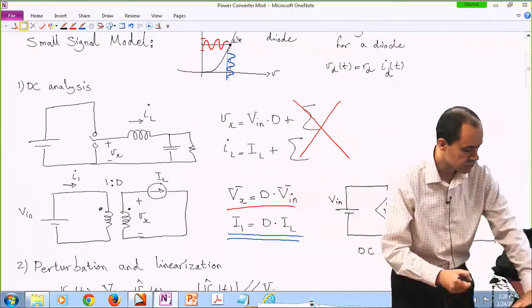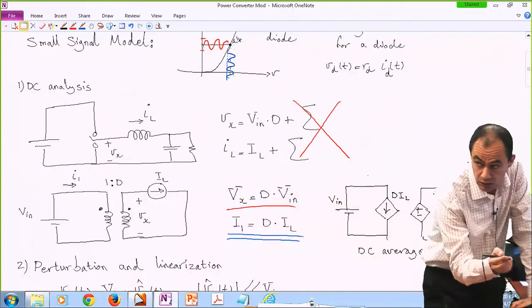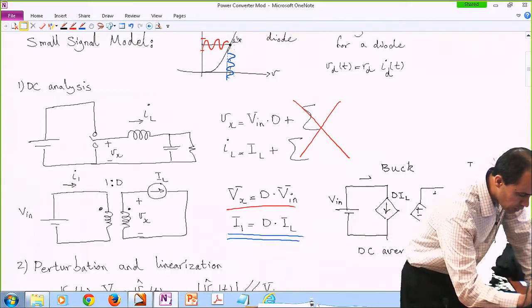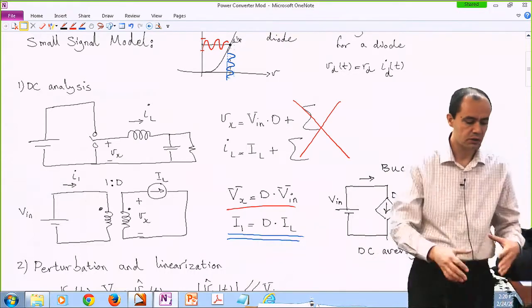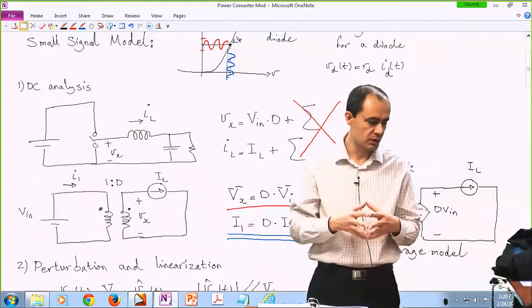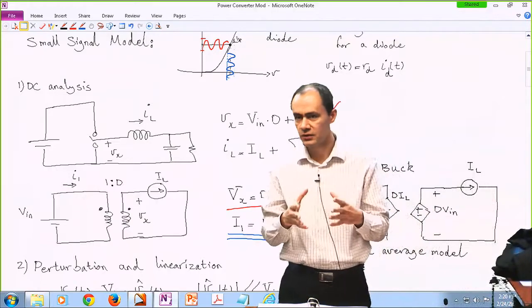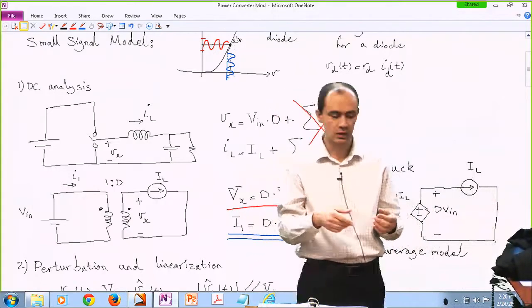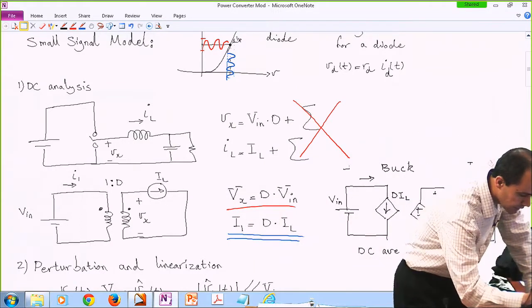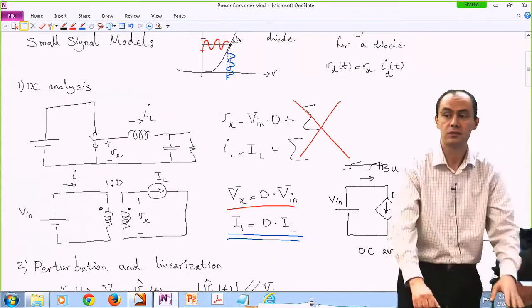Or on average, the current drawn from the source is the duty cycle times the inductor current. This is all, by the way, a buck converter. Again, on average. In reality, it's something like this, but then we represent it with an average value of the signal.